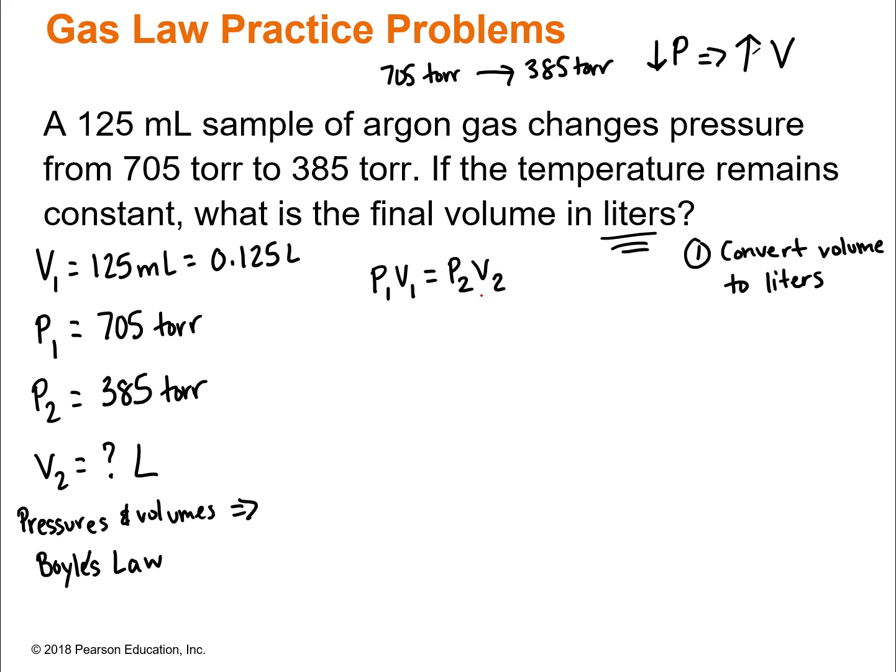We're solving for V2. So that means we're dividing by P2 on both sides. Then we put in our numbers.